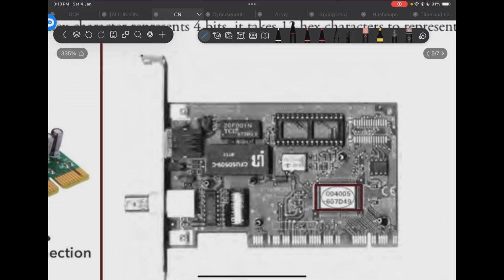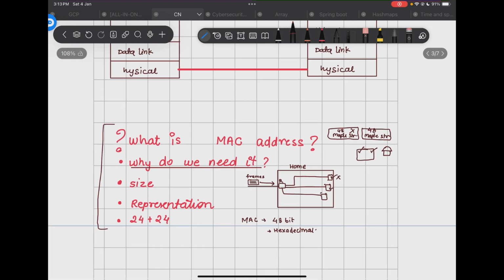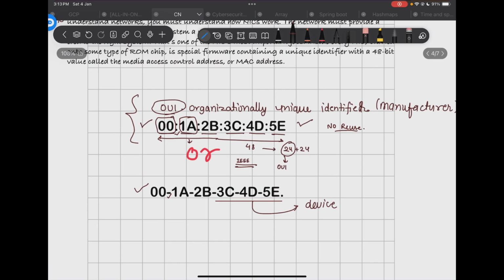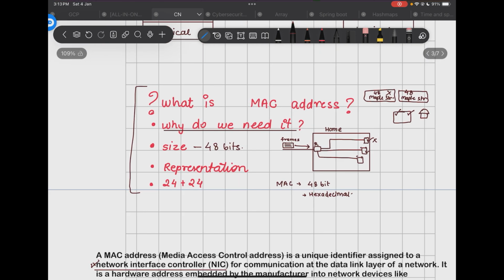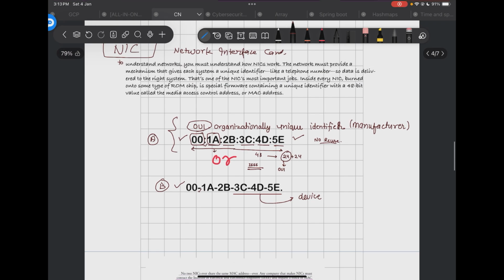Okay. Now let's move forward. What is the size? You can answer that. It's 48 bits. What is the representation? You can either represent it in this way or this way. What is this 24 plus 24 classification? The first 24 bits are for the OUI.